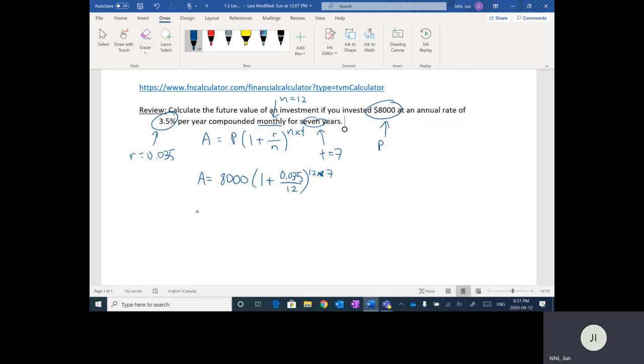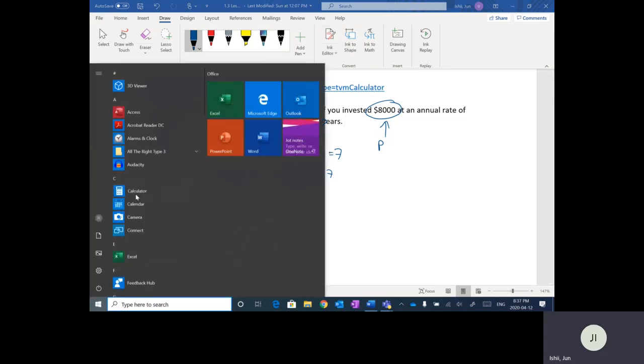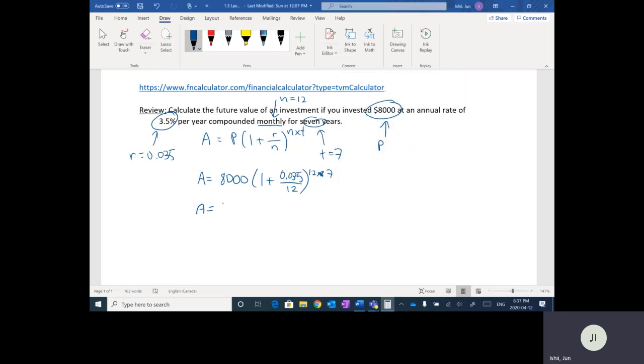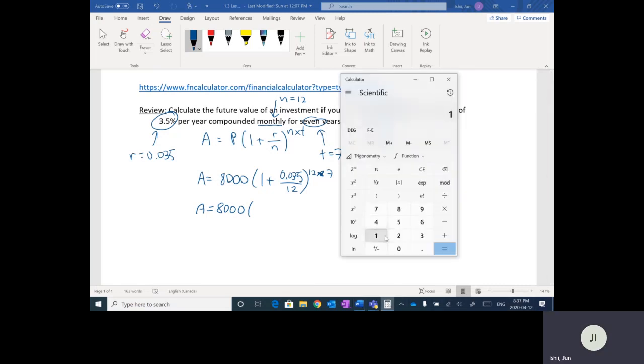A is going to equal, let me just take the calculator out. What I'm going to do first is the brackets there. I'm going to go 1 plus 0.035 divided by 12, close the bracket.